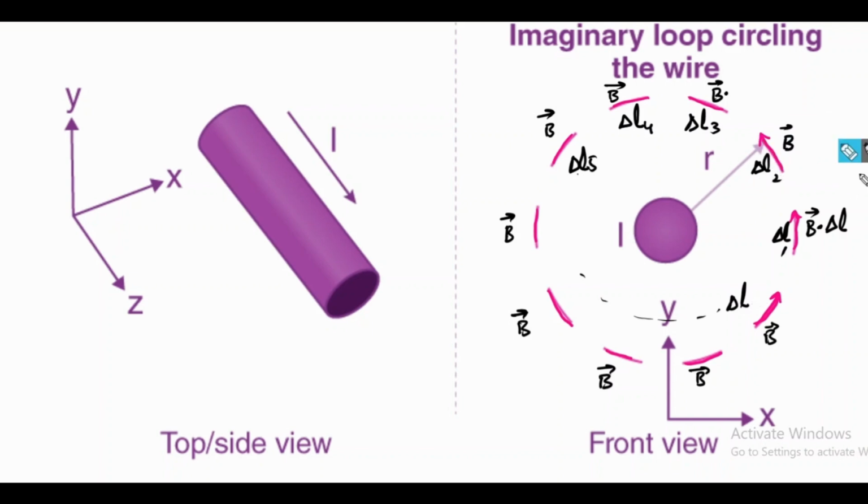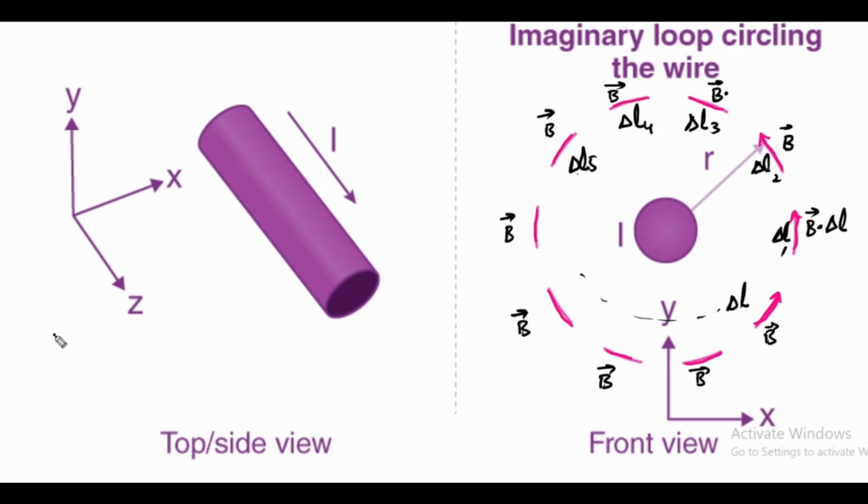According to Ampere, we will take the dot product of the magnetic induction and del L at each and every part of the circle.